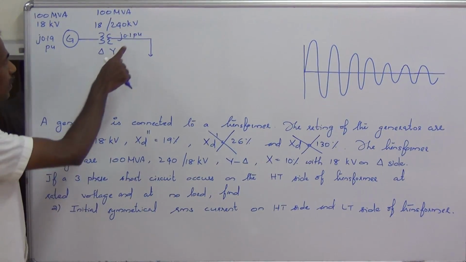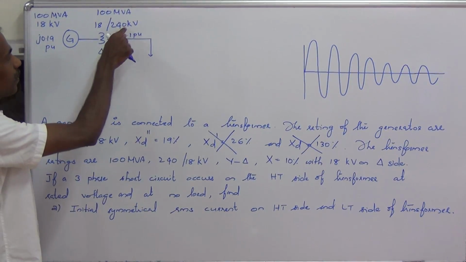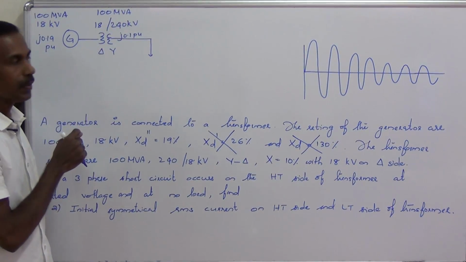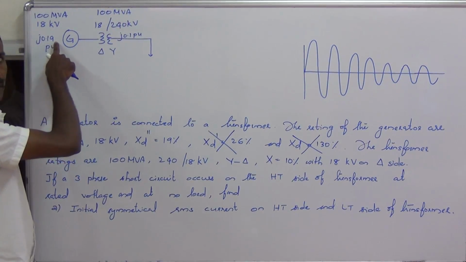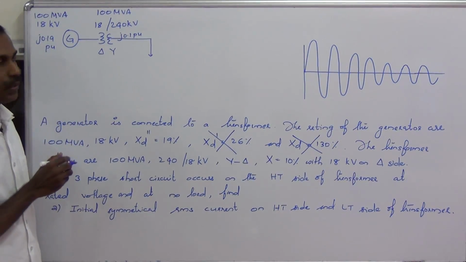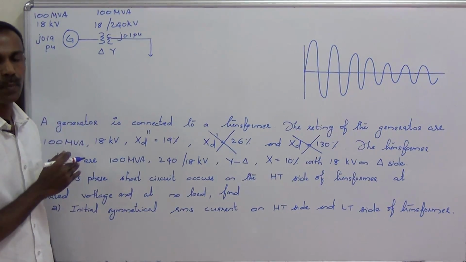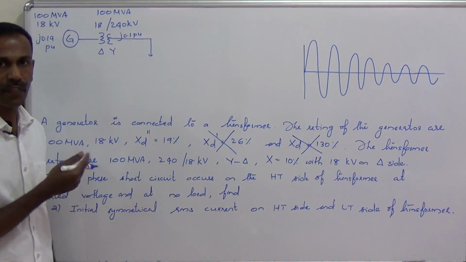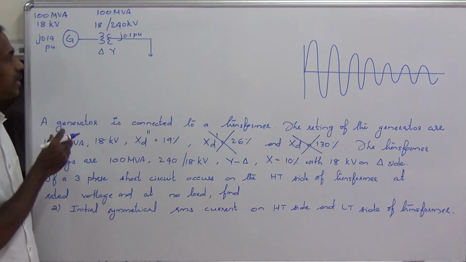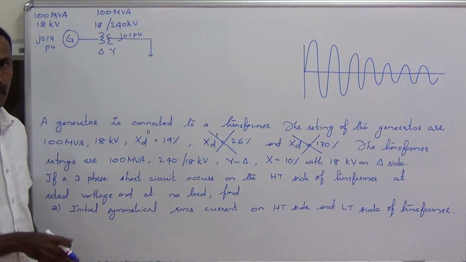Now, this reactance is given with a base of the rating of this transformer. And this reactance is given with a base of the rating of the generator. So the per unit reactances are given with different base values. We have to find out the per unit reactances on a common base value.